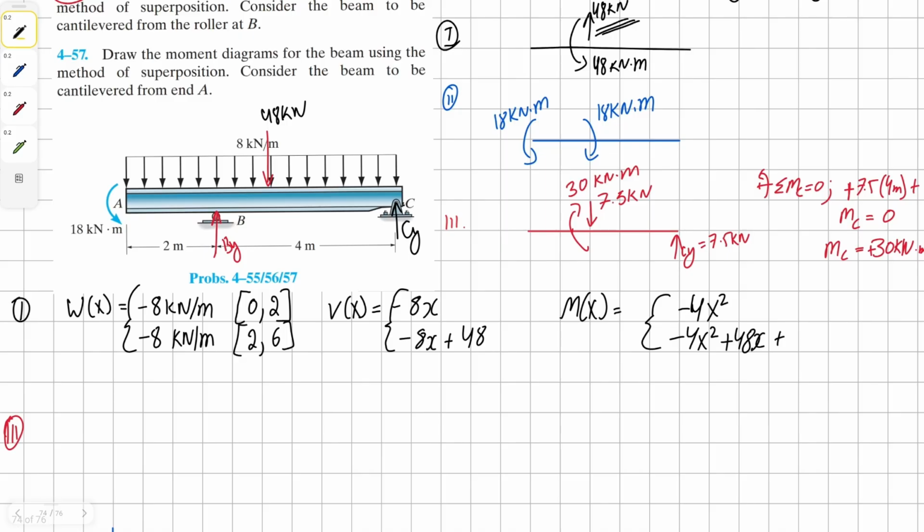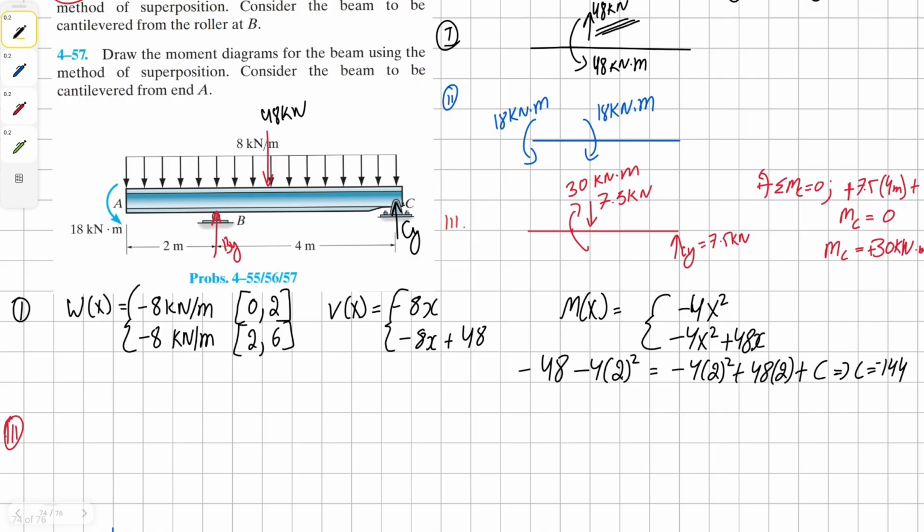And our constant in this case is going to be counterclockwise, so it's going to be negative 48. One sec, I'll show you the calculation for this.